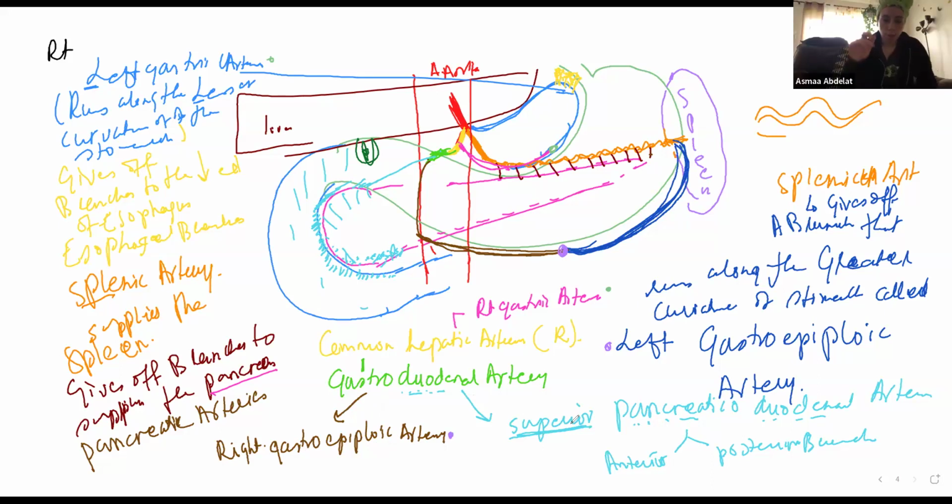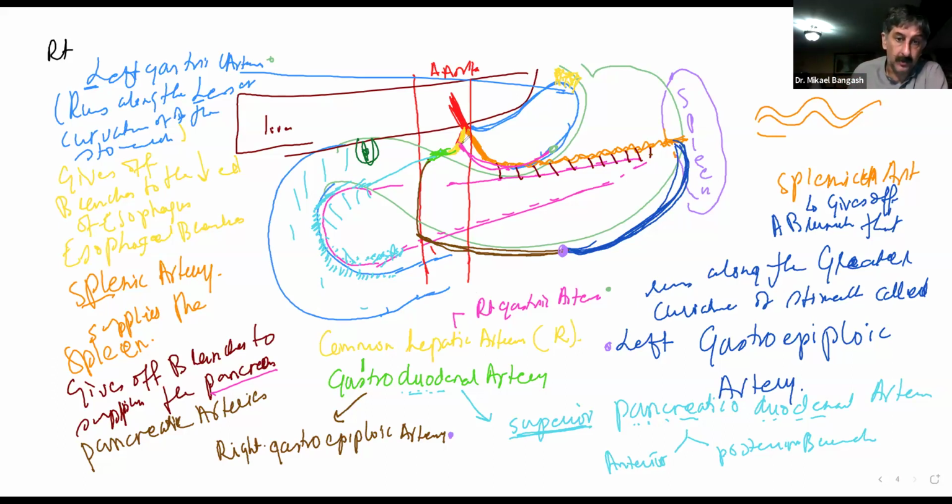Sorry, can you repeat that one more time, please? I know you said the common hepatic artery gives off a branch called the gastroduodenal artery, which then also gives off 2 branches of its own. No. Common hepatic artery gives off 2 major branches. The right gastric artery.